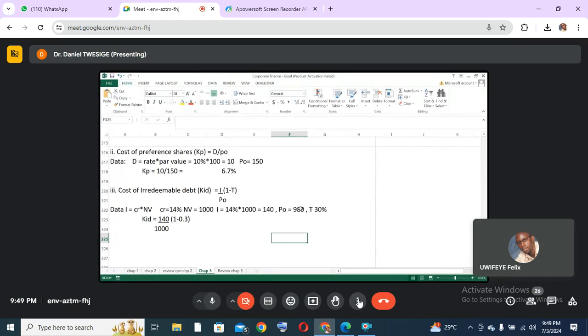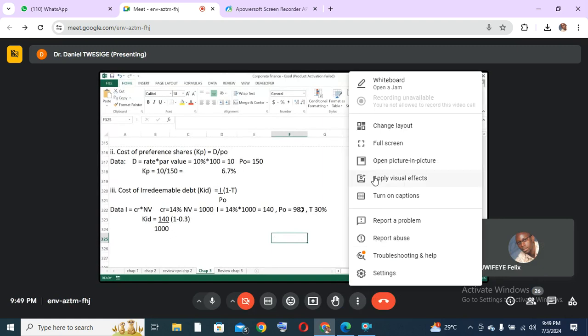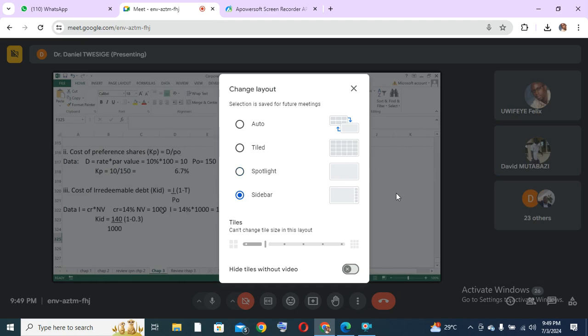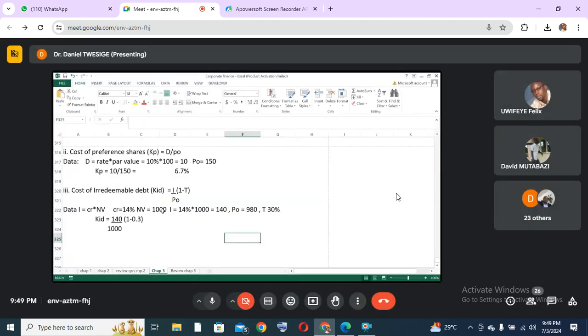Now, if you look at the market value, which is 980, automatically that tells you the face value of this debt is 1,000, but currently it is trading at a discount. So how can you know that it's trading at a discount? Because the nominal value is 1,000. It's not in the question, but looking at the market value, it tells you that automatically. Because as I said, debts are either in 100 or 1,000.